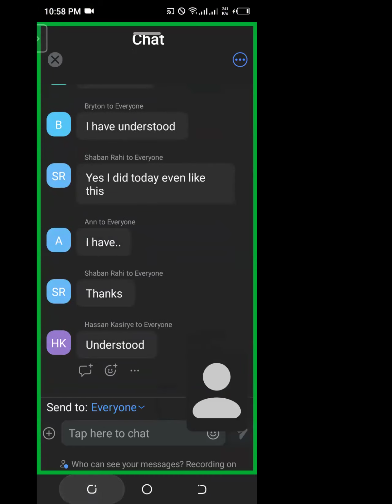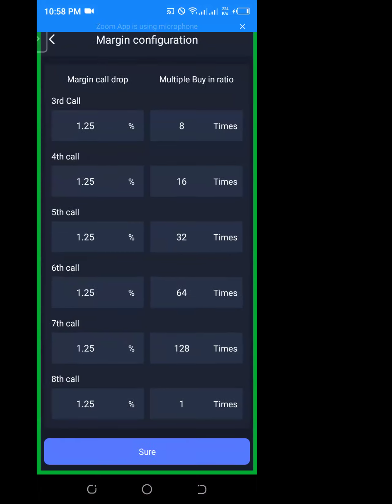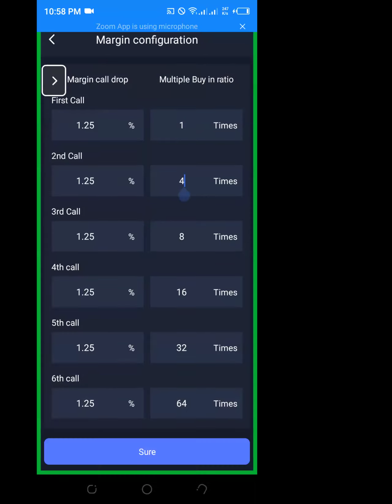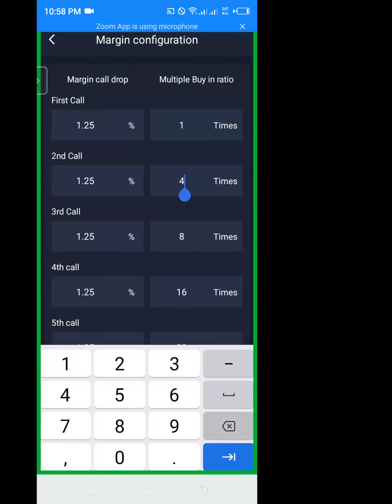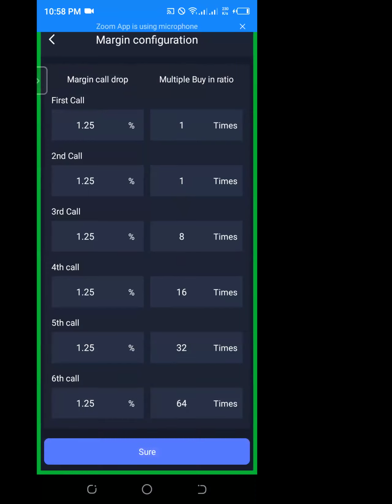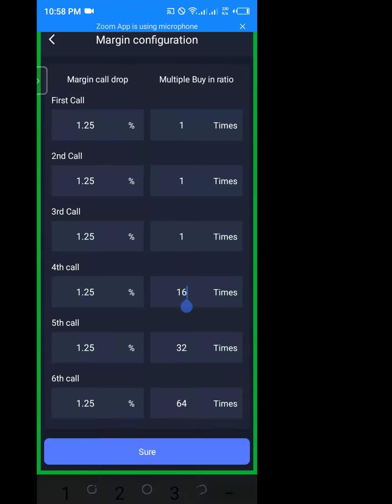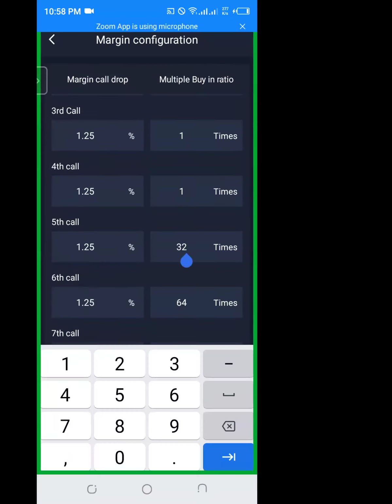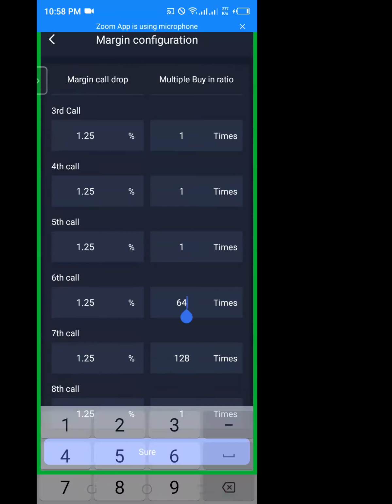When you study very many things, you end up confusing them. Now here I'm going to put 1.